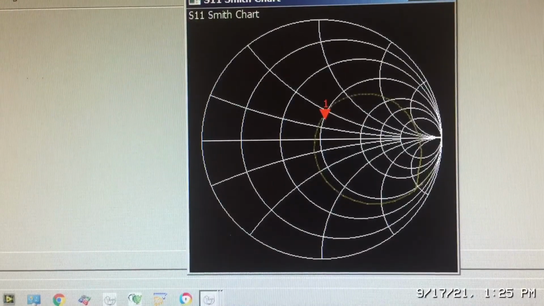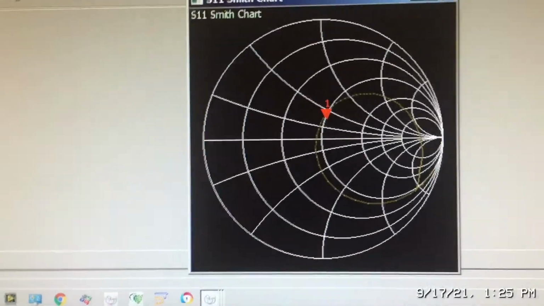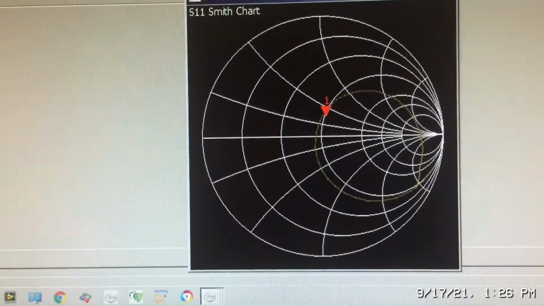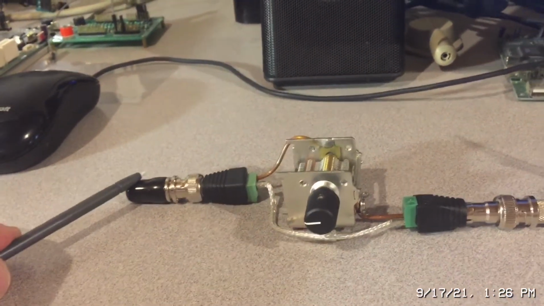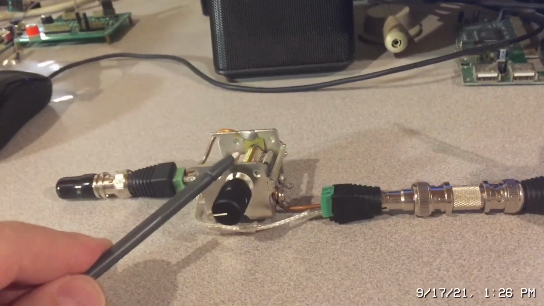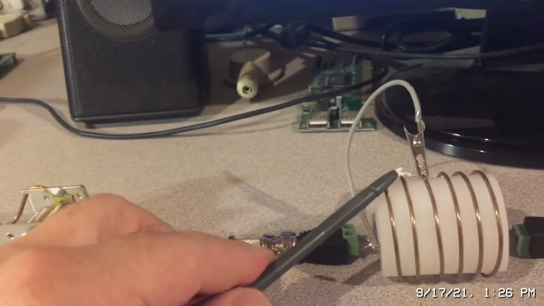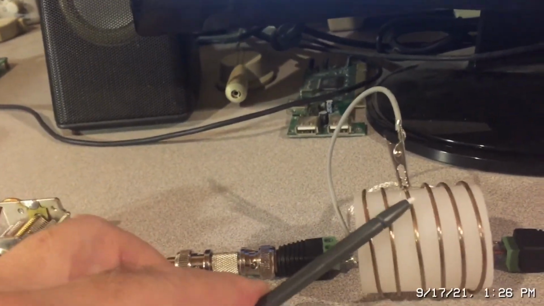All right, so now I want to show the interaction between capacitive reactance and inductive reactance. So what I have here is my 50 ohm load, and I have my variable capacitor in series with my variable inductor. And the purpose of this is just to show the interaction of the two on the Smith chart.